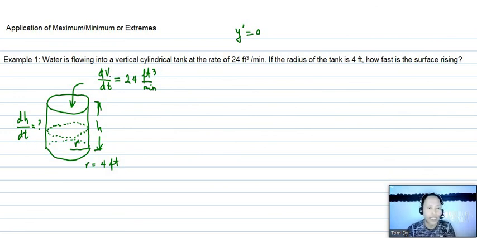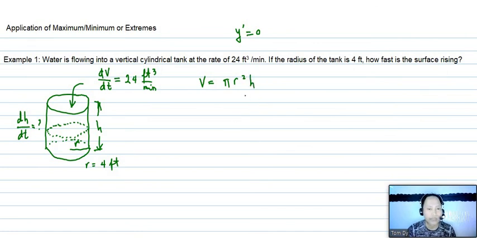So since given is the volume, then we have to compute the volume of this vertical cylindrical tank. Now the volume of this vertical cylindrical tank, V, is equivalent to the area here times the height. So area is pi r squared times height.